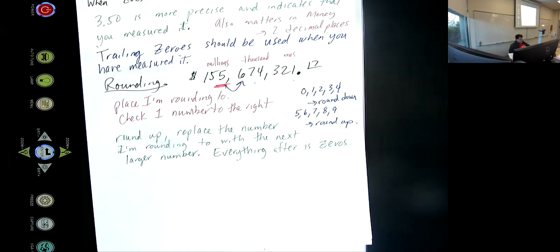That part is true for both whole numbers and decimals.